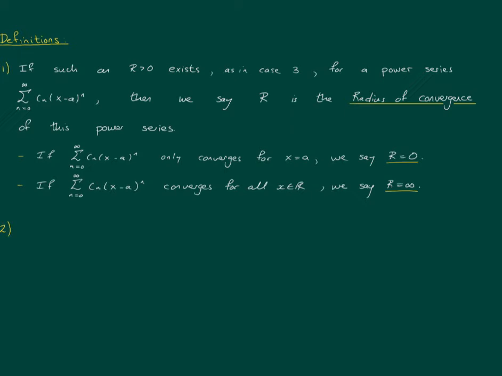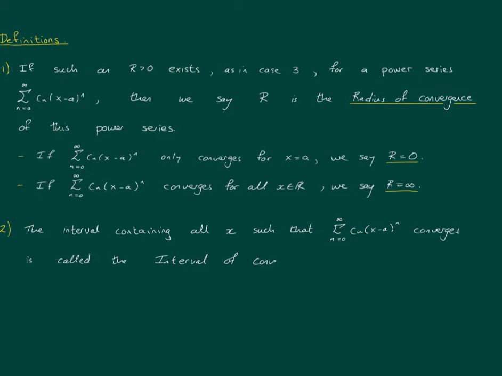Second definition: the interval containing all x such that the series converges is called the interval of convergence. So, interval of convergence.